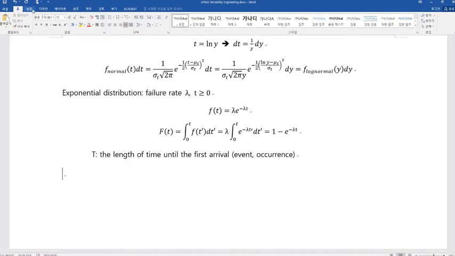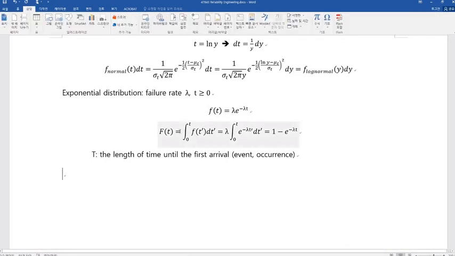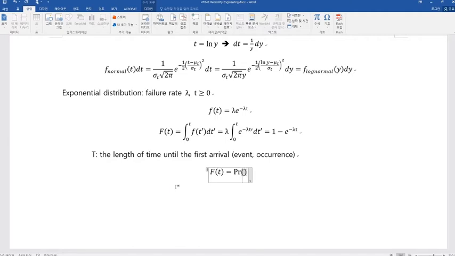So if we want to calculate that, if we would like to calculate the cumulative distribution function for this type of event, then the probability will be given as: t is defined as the length of time until the first arrival occurs, and the first event or the first arrival occurs prior to the time of interest.